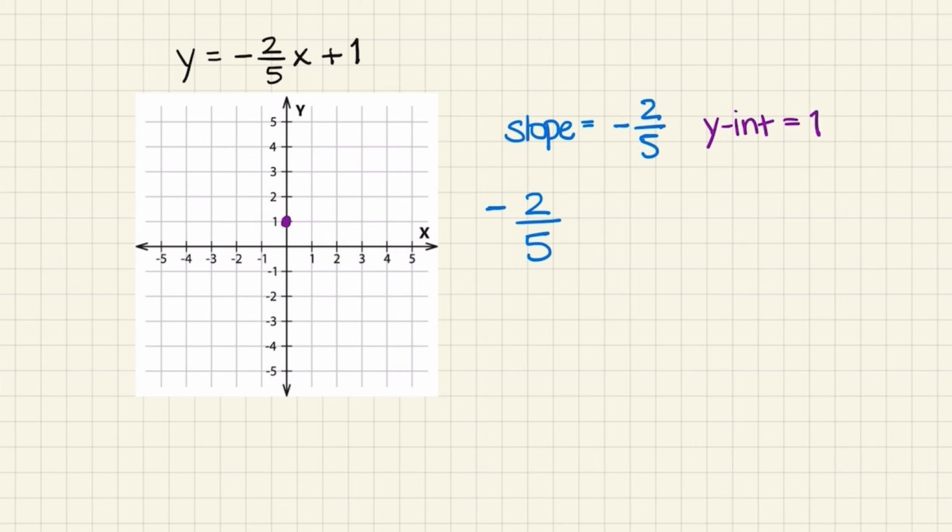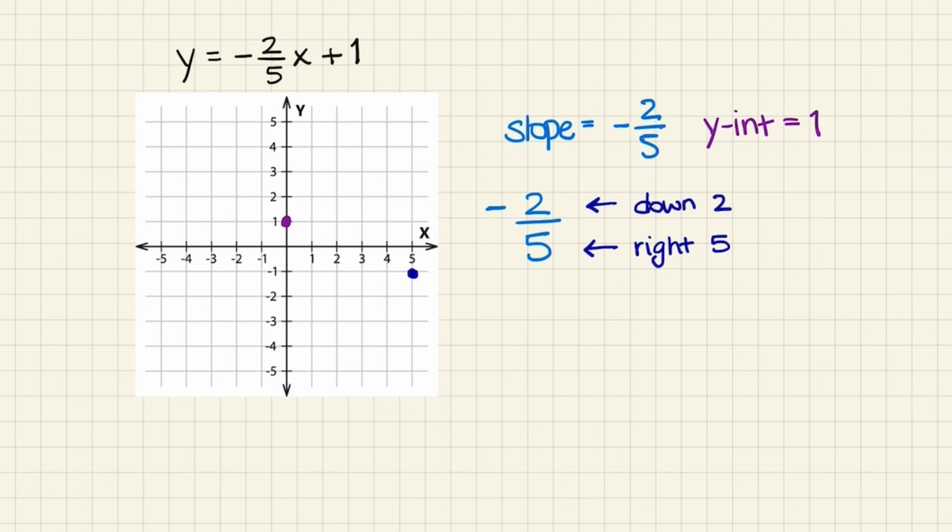That would mean we are going to go down 2 units because the 2 is negative. The 5 is positive, so that means we're going to go to the right 5 units. So starting here, we go down 1, 2, to the right 1, 2, 3, 4, 5. Down 2 and to the right 5 gives us a point right there.